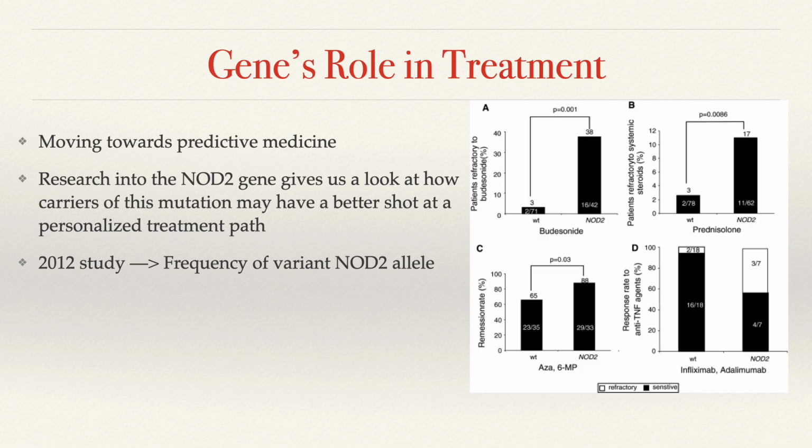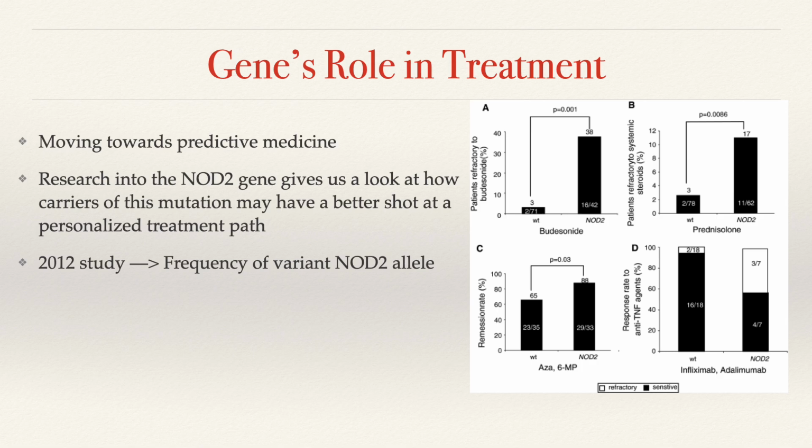So specifically, I looked at a 2012 study which looked at NOD2 carrier status and whether it was predictive for a response to a therapy. And they found that a higher percentage of Crohn's patients with the NOD2 mutation carrier were steroid refractory, which meant that they stopped responding to steroids, but that they were treated well with immunosuppressants.